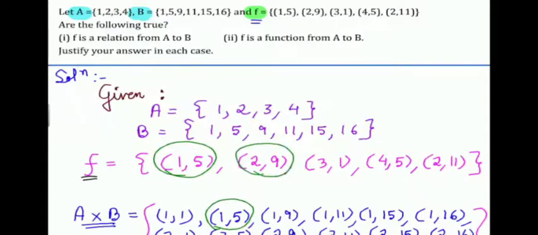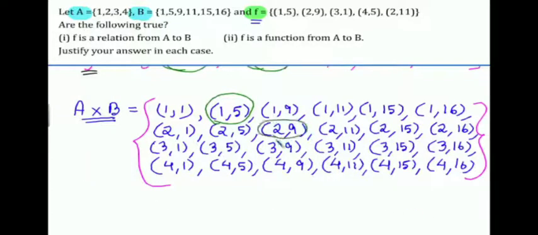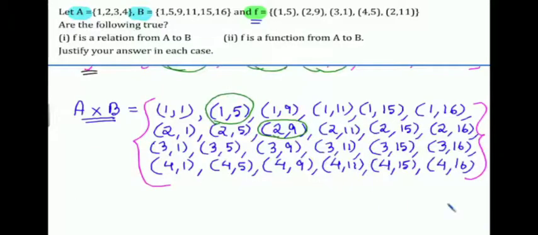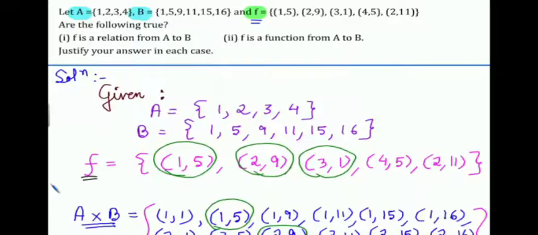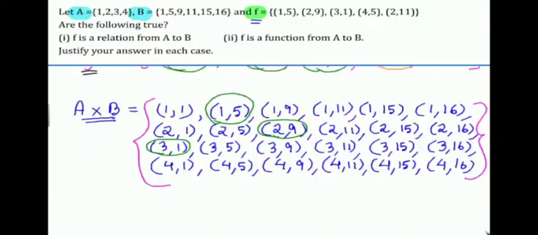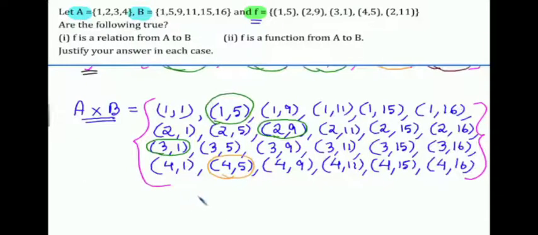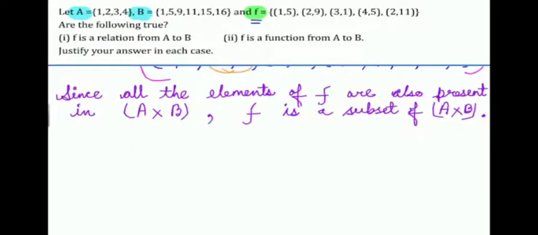Now the next element (2,9) is in your relation. (3,1) is also in your relation. (4,5) is also in your relation, and at last (2,11) is also in your relation. So all the elements of f are present in A × B.